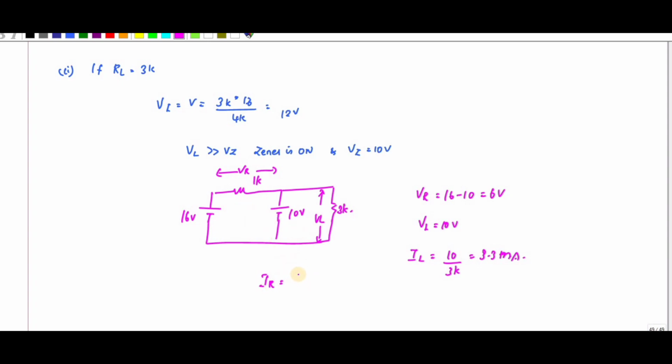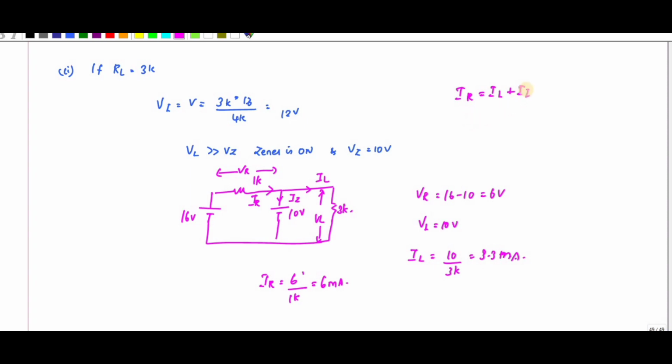IR is nothing but 6 divided by 1K, that is nothing but 6 milliamps. So we know that IR is equal to IL plus IZ, right? This is your IR, and this is your IZ, and this is your IL.